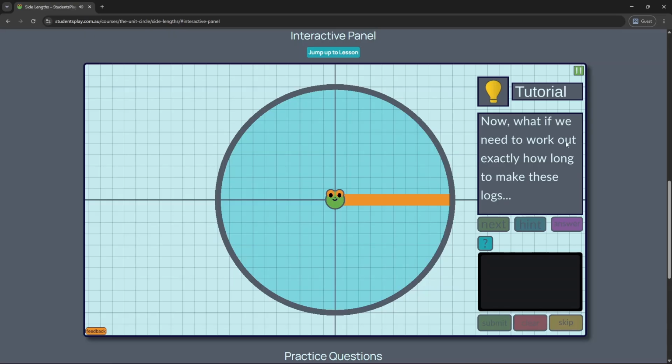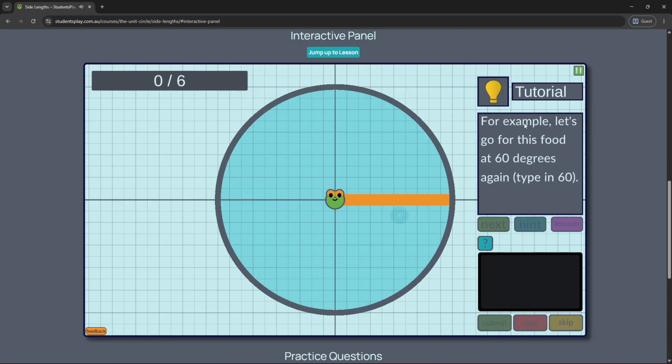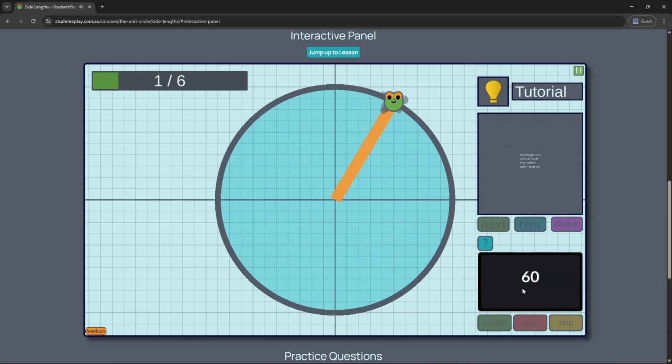Now, what if we need to work out exactly how long to make these logs instead of just dragging them? For example, let's go for this food at 60 degrees again. So type in 60, okay. This time we're going to help the frog get back by typing in the lengths of the logs.